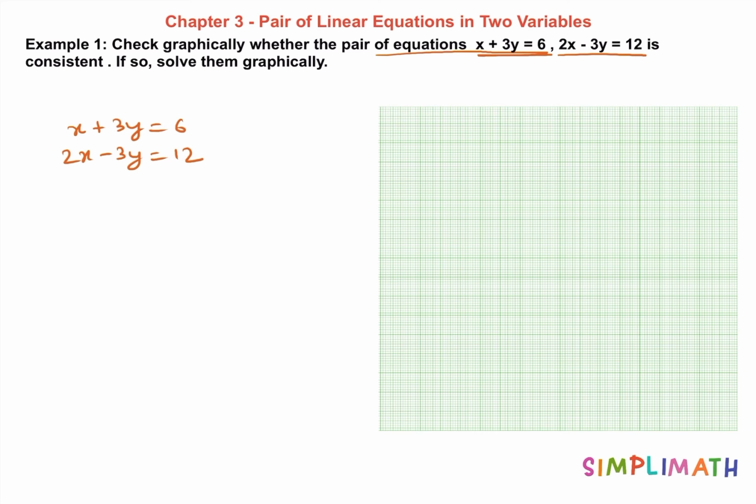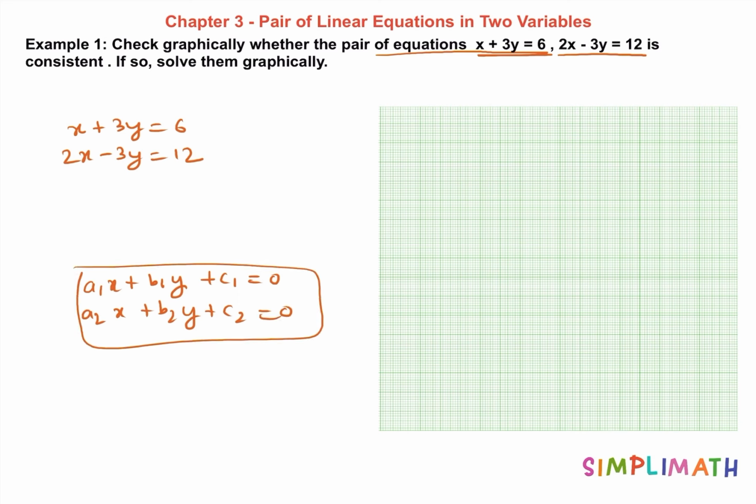Now we know that any linear equation in two variables can be represented in the form of a1x plus b1y plus c1 equal to 0 and a2x plus b2y plus c2 equal to 0. So as per the standard form, if we convert these two equations in standard form, we get x plus 3y minus 6 equal to 0, and the second one we get 2x minus 3y minus 12 equal to 0.